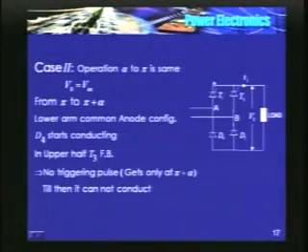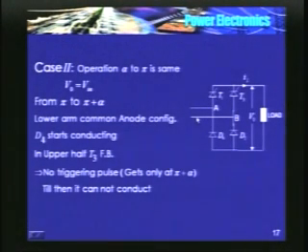Since the load is inductive, current starts flowing through T1, load and D4. In the previous case, current flowed through D2 and D3. So current freewheels through T1 and D4. The voltage applied to the load is 0, and the source current is also 0.